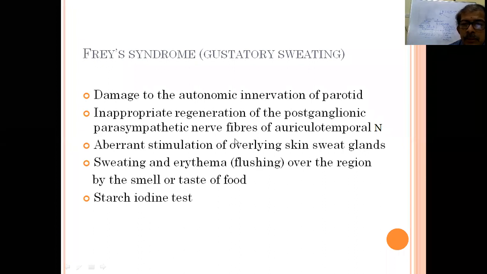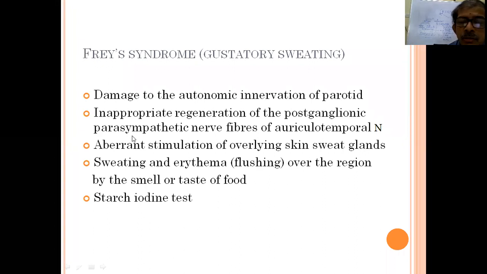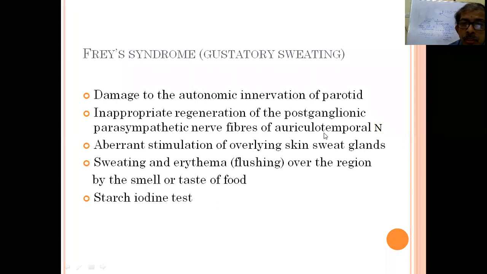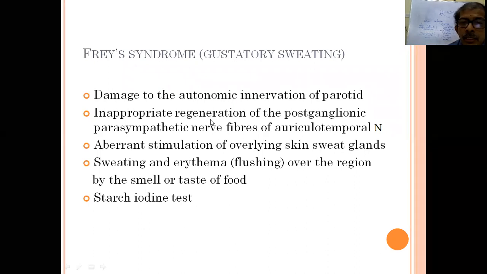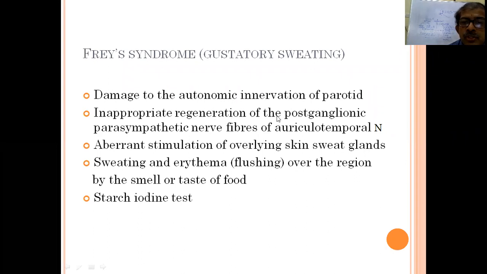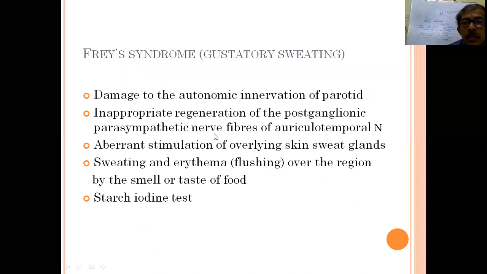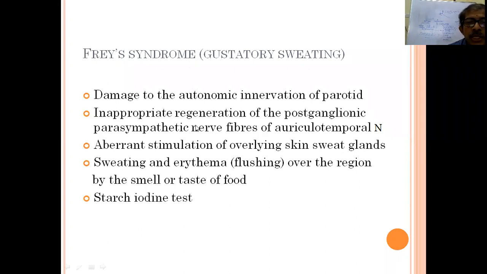They will be cut when you remove the parotid gland. In trying to regenerate, because there is no parotid gland now, they will go into the sympathetic fibers that are open there, the sympathetic fibers supplying the skin, so they get innervated with postganglionic parasympathetic nerves.